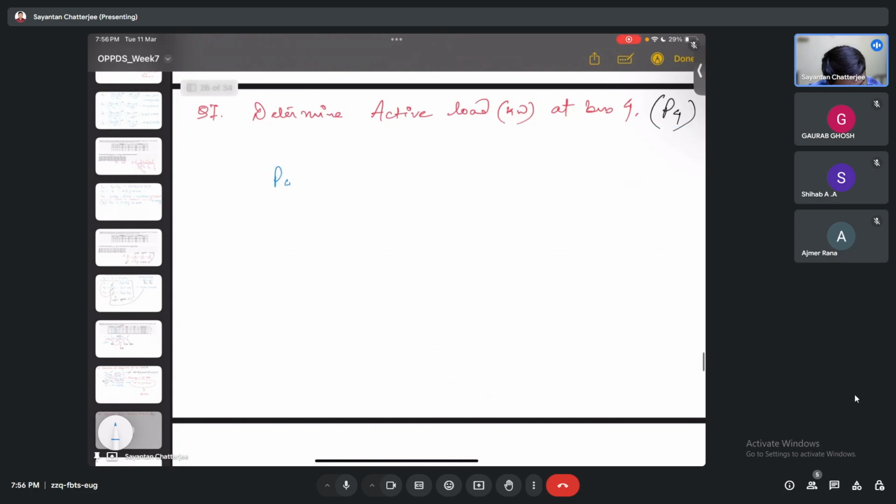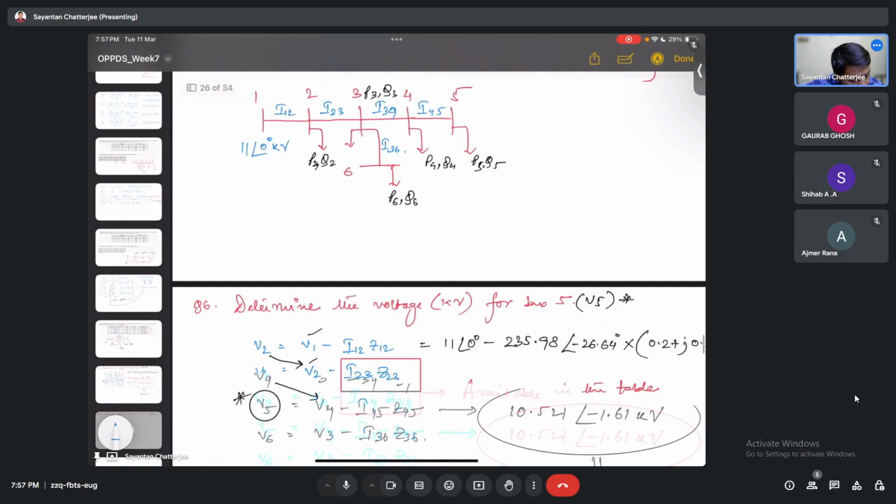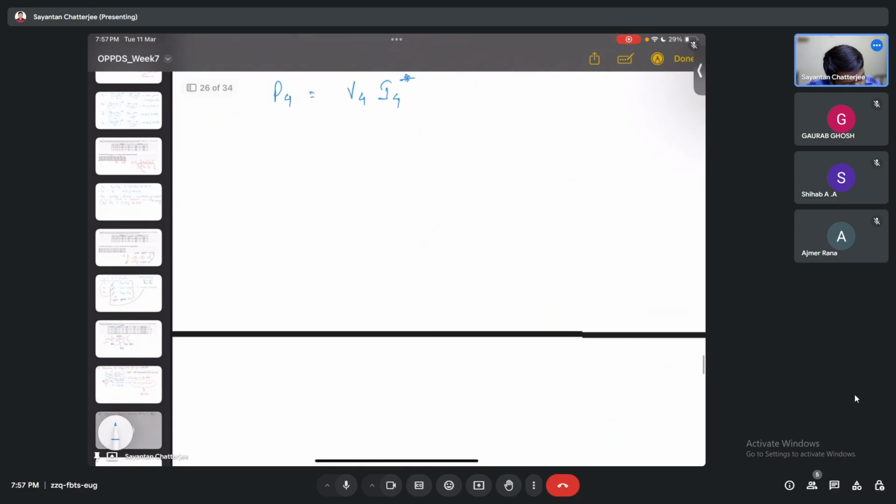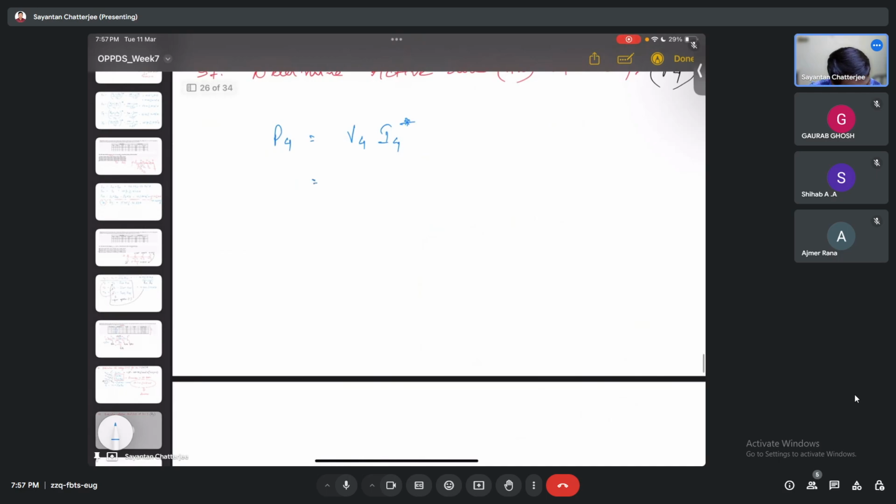What is P4? P4 is bus power, not power injection, right? So V4 times I4 conjugate, and V4 can be obtained from the same steps.